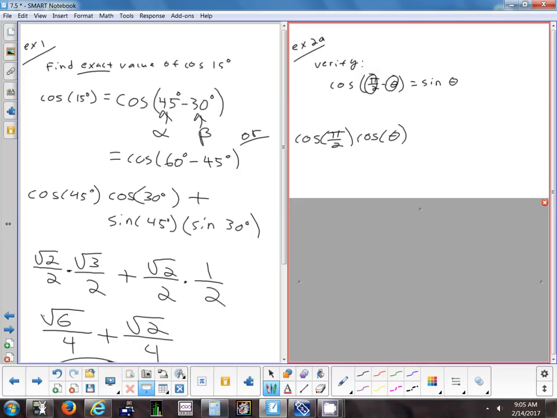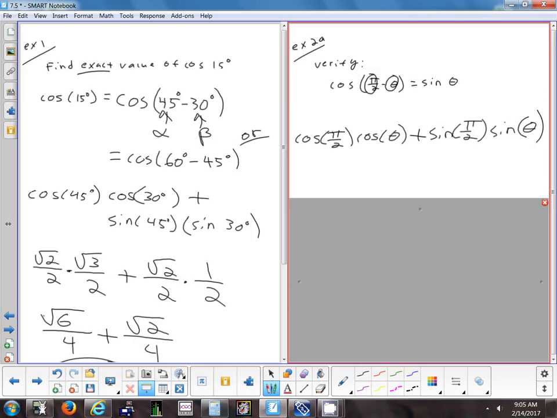Okay, and what sign comes next, a plus or a minus? Plus. It's not too hard to remember now, but once we add the other formulas, it's kind of tricky. But when you have cosine and a minus, you use a plus. That's what's in the formula. So plus, and what are going to be my last two terms? Sine pi over 2, sine theta.